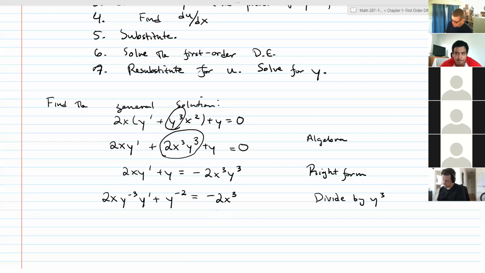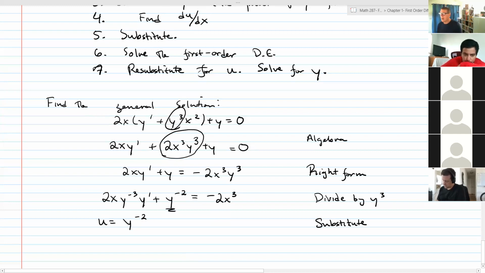Now I'm going to do my substitution. So u equals y to the negative 2. It's the one that's in front of the a1, not the one with the derivative. So du dx is going to equal negative 2y to the negative 3 dy dx.